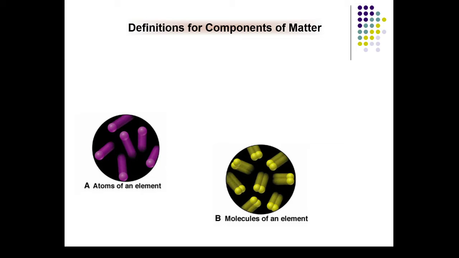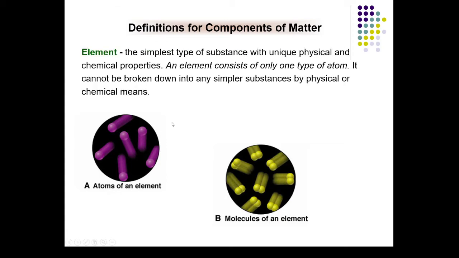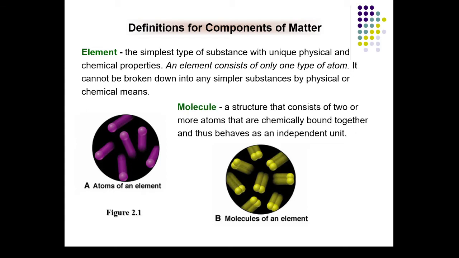The majority of our elements are just individual atoms of said element moving around, but some need to partner up to give stability. But elements are the smallest type of matter that have unique chemical and physical properties. You can't break it down any simpler without losing those properties.